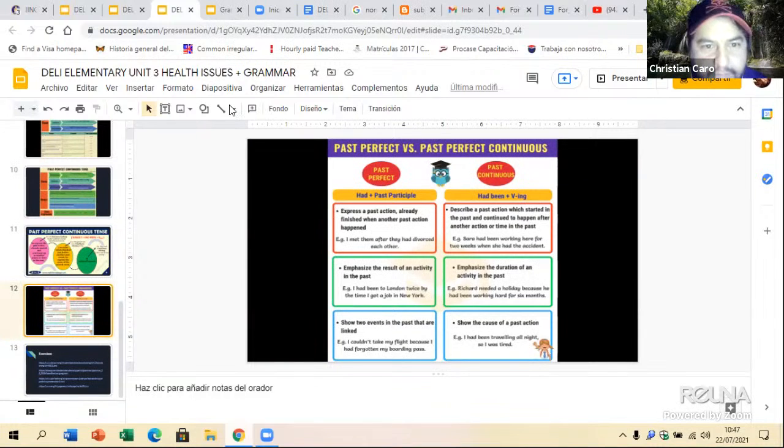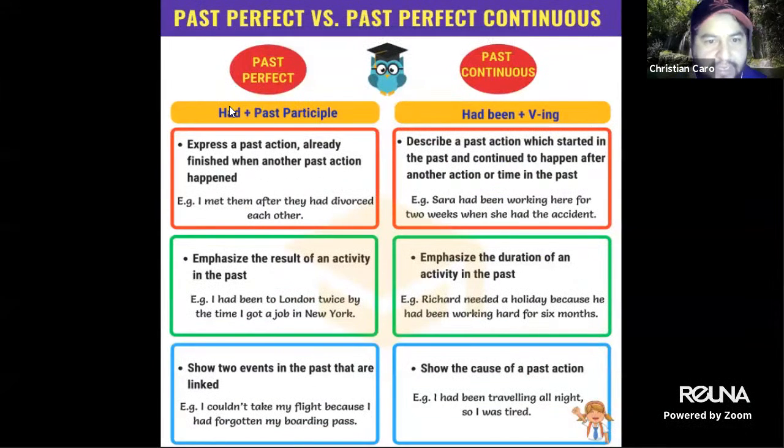So past perfect simple, in this case, the structure is had plus past participle, and past perfect continuous is had been plus, in this case, ing. You see that the form is different in this case. The structure is different, and the uses are also a little different.